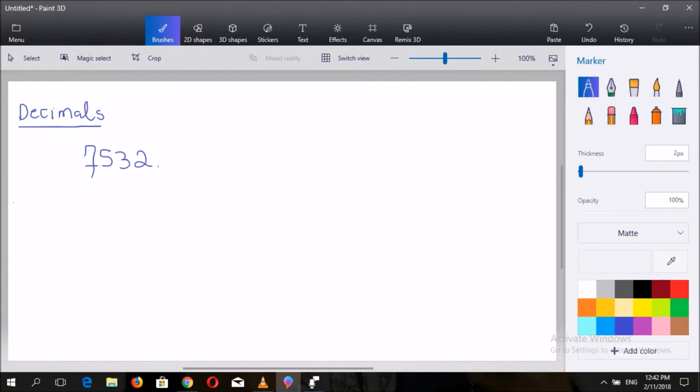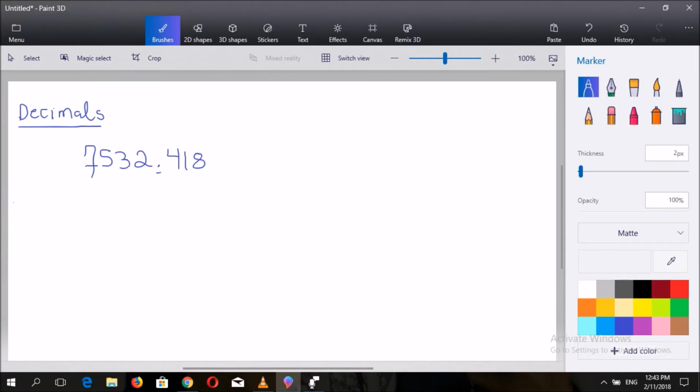The next thing that we are going to talk about is decimals. What do we mean by a decimal number? This is not the first time you have heard the word decimals.